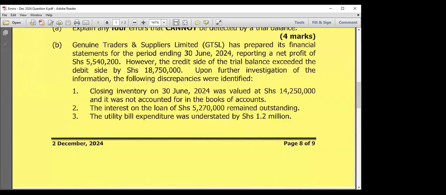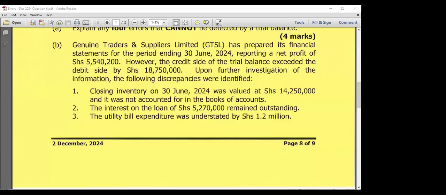However, the credit side of the trial balance exceeded the debit side by 18,750,000. I would want Hamisi particularly to tell us, where does this balance lie? Is it on the credit side or the debit side of the suspense account? It will depend on the figures we have.